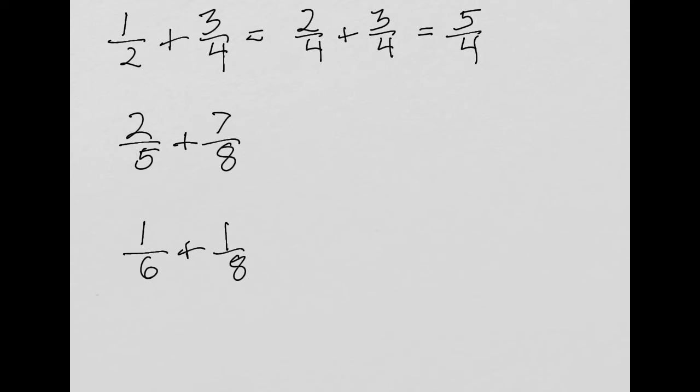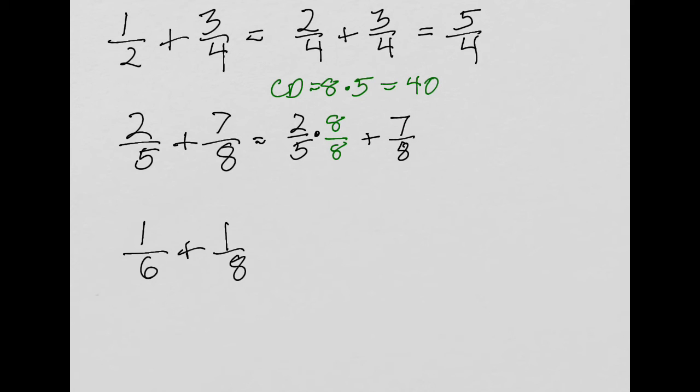When I have a problem like 2/5 plus 7/8, the easiest way to get your common denominator is to multiply the two denominators together. So my common denominator would be 40. So I take the 2/5 and multiply that by 8/8, which will give me a denominator of 40 there. Then I take the 7/8 and multiply that by 5/5, which gives me the denominator of 40.